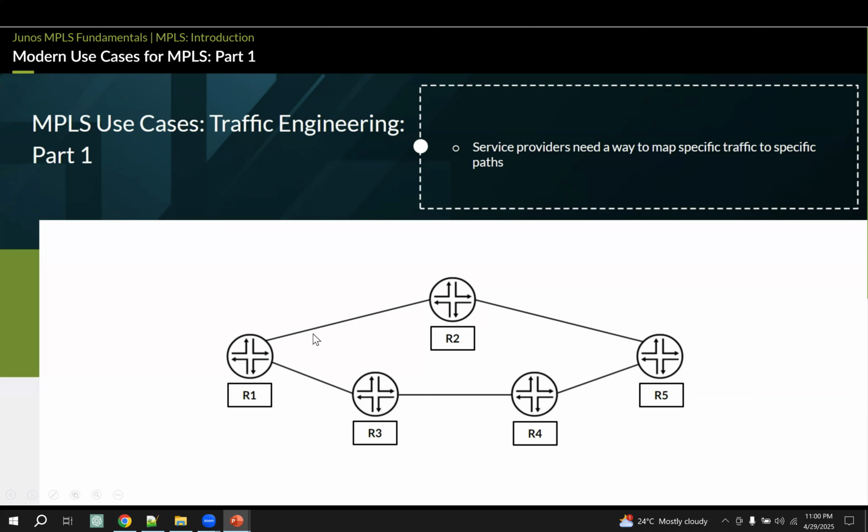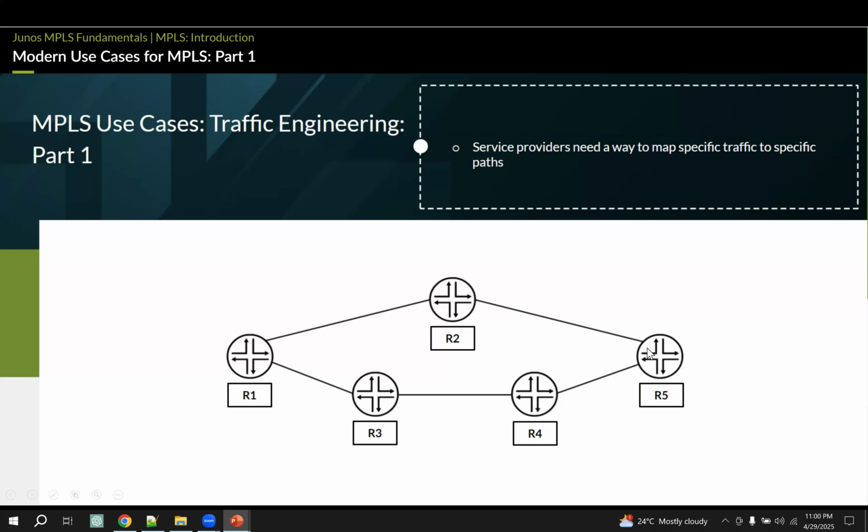If we use both paths, when both paths are live, if we consider normal IGP routing or BGP routing, you can send traffic through one path, because this is not equal cost.